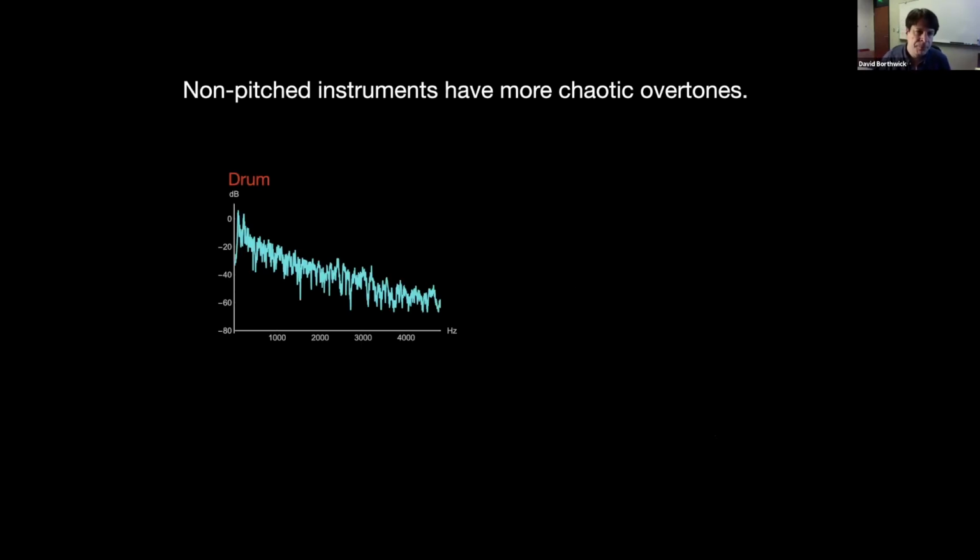If you go to a non-pitched instrument, there are still overtones. In fact, there are just too many. The overtones are more chaotic. They aren't arranged in this neat harmonic pattern. They just occur much more densely packed. So for example, a drum. That's what the frequency spectrum looks like. You can see there are overtones in there.